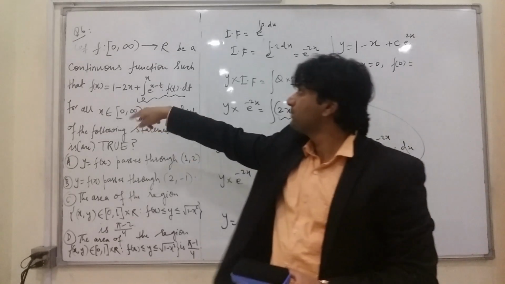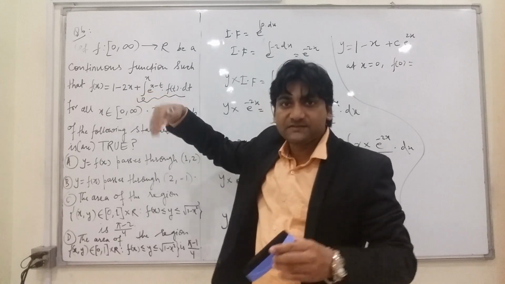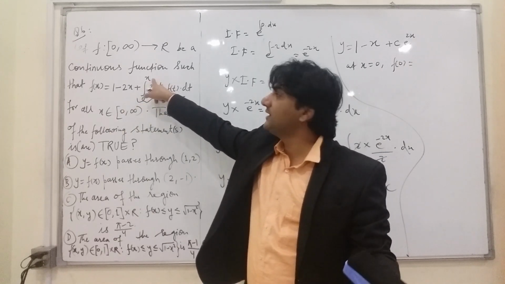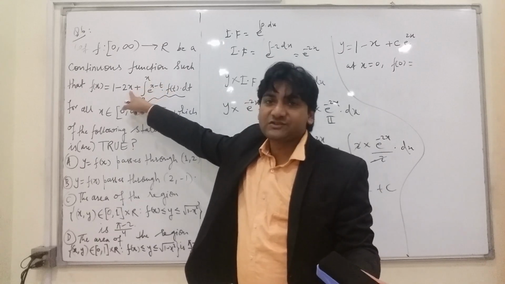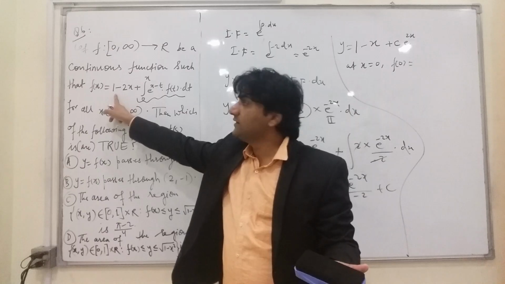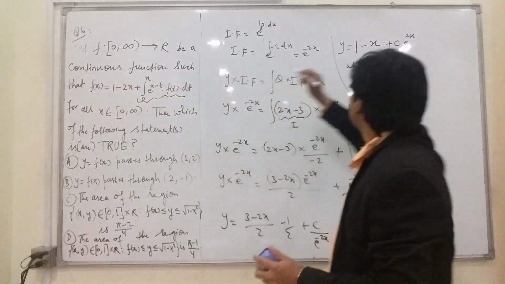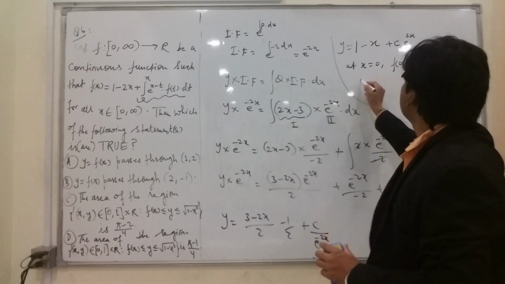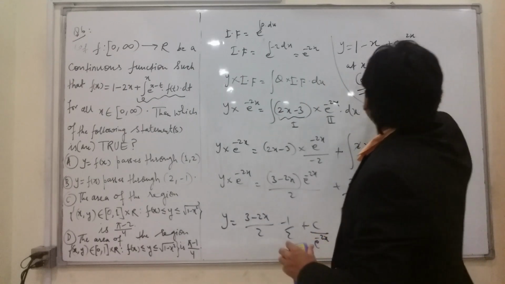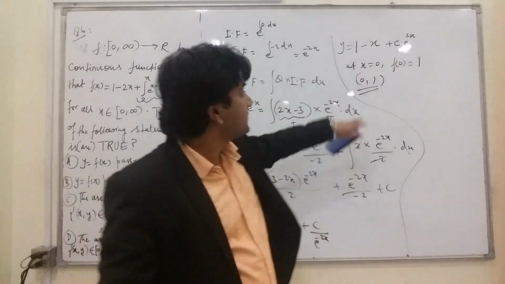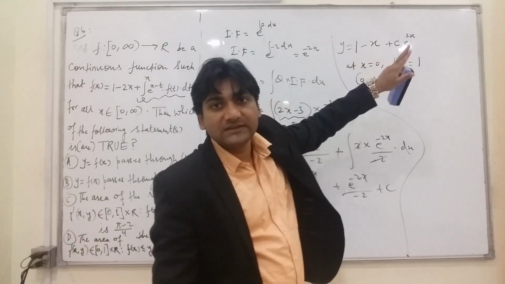We have substituted 0, so the integral from 0 to 0 is nothing, that is 0. Minus 2 times 0 is also 0. So this is 0, this is 0, this is 1. So f of 0 is only 1. So at x equal to 0, f of 0 is 1. It means (0, 1) is a point which satisfies this equation. So put (0, 1) here and find c.